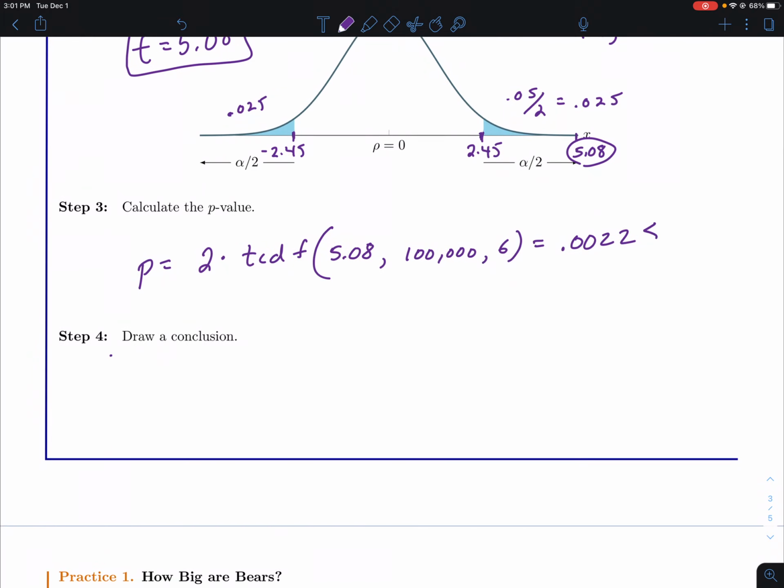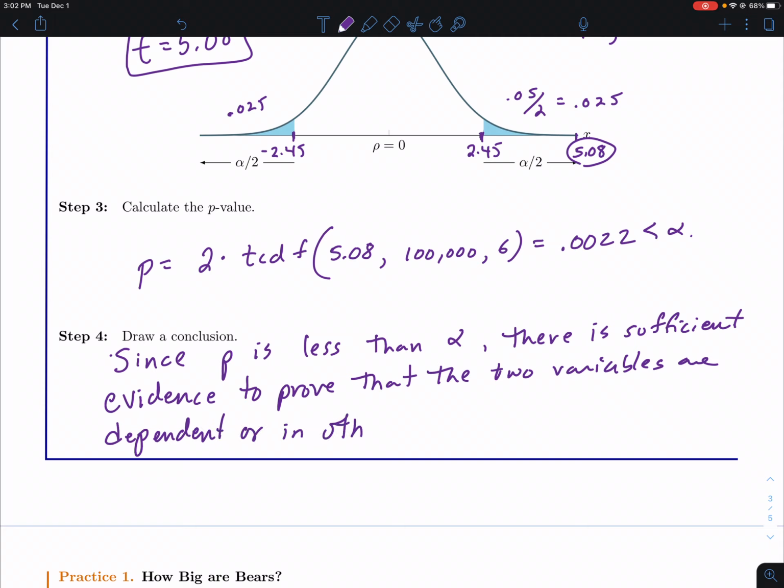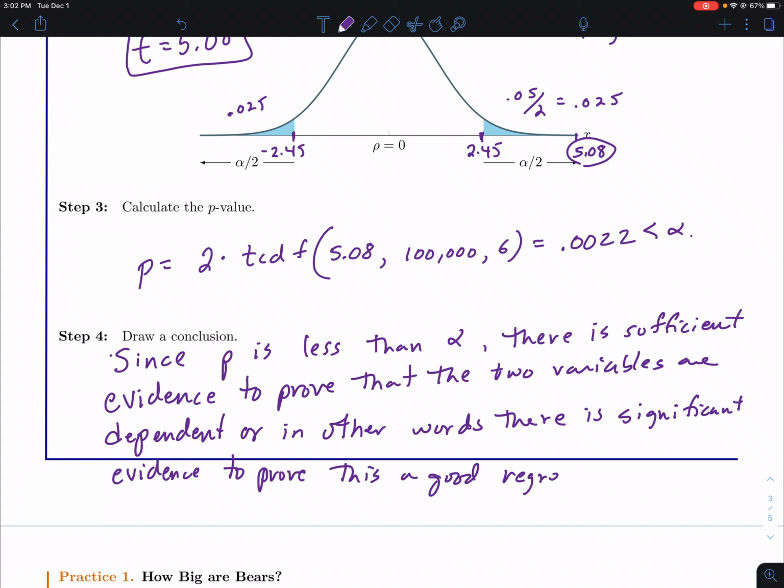This is definitely less than our alpha. So since p is less than alpha, there is sufficient evidence to prove that the two variables are dependent, or in other words, there's significant evidence to prove this is a good regression.